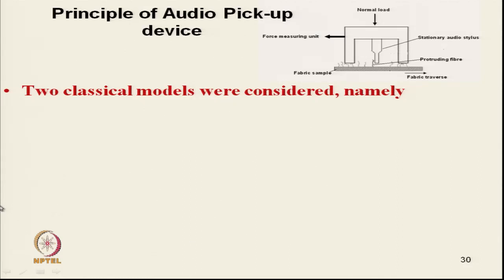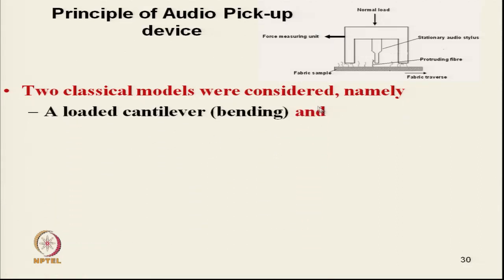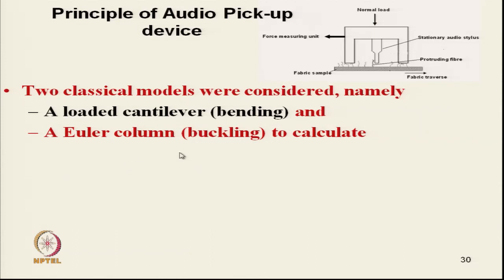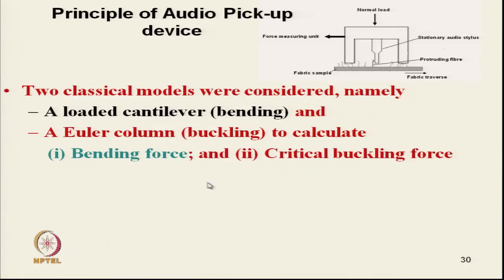In addition, two classical models are considered here. One is the loaded cantilever model, that is the audio stylus model. Another is the Euler column, which gives the buckling force. So the bending force and critical buckling force are calculated, and these are generated from the hairiness of the fabric surface, which in turn comes from the yarn hairiness.